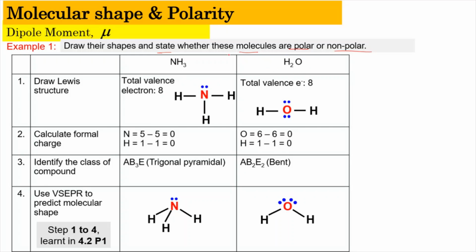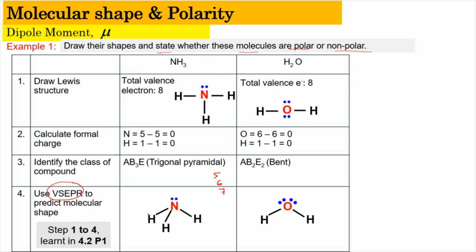It is important that we have drawn them according to the correct shape, which is according to VSEPR. Once we have settled steps 1, 2, 3, 4, we now go to steps 5, 6, and 7, which is to determine whether the bond is polar or not.